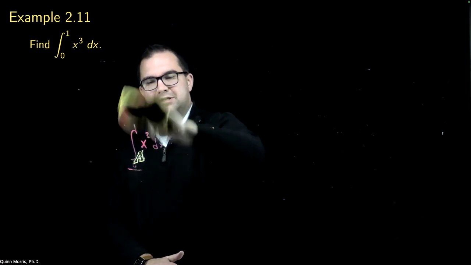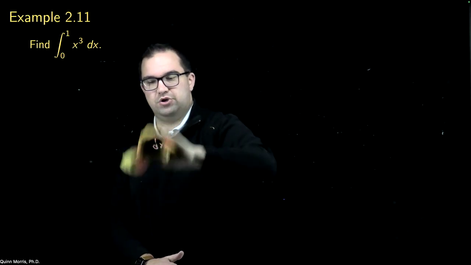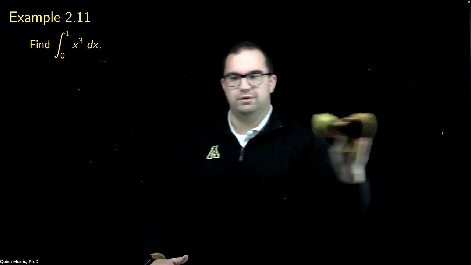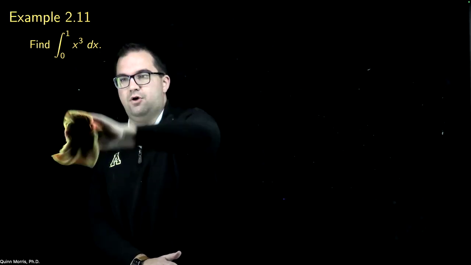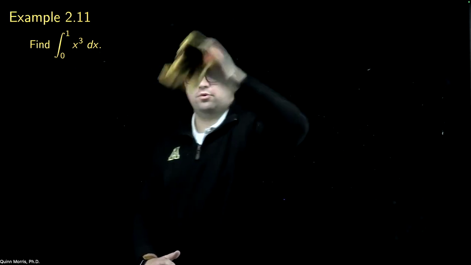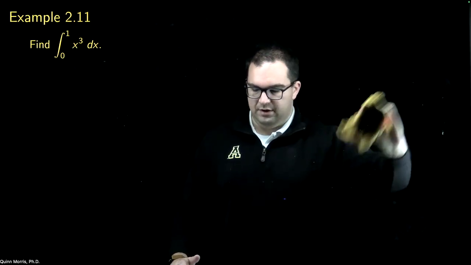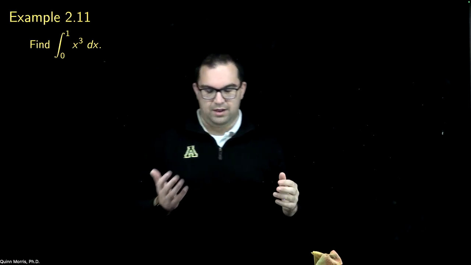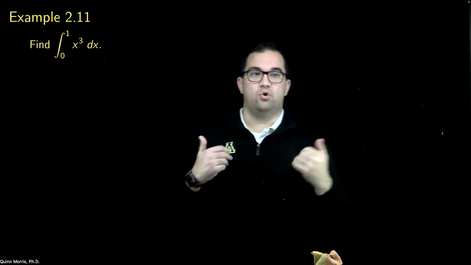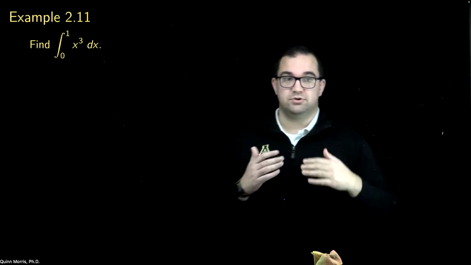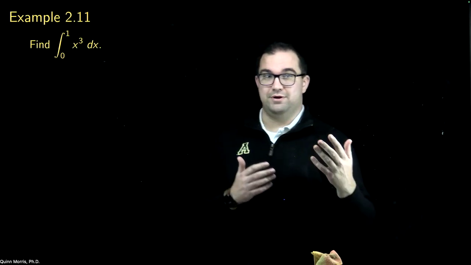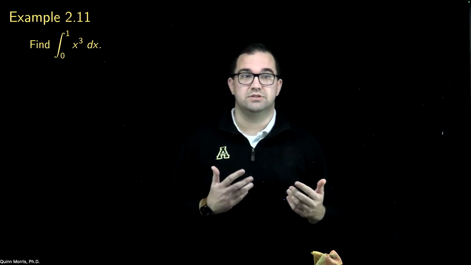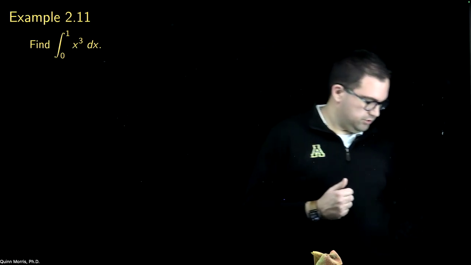So there's a lot of work that goes in just to finding the integral of x cubed. We probably don't want to do this by hand all that much, so we're going to want to develop some theory that will take a lot of this technical work out of things. And so in the next video, we'll start exploring alternate characterizations of Riemann integrable functions.